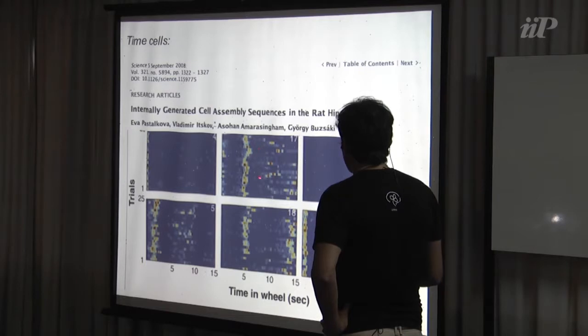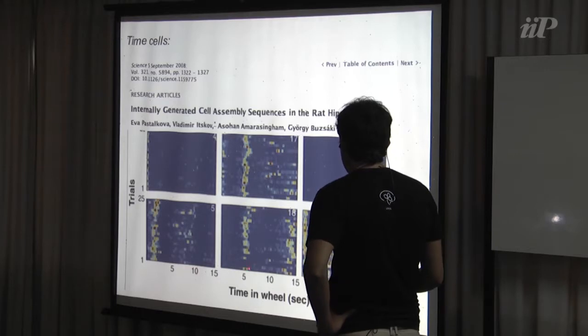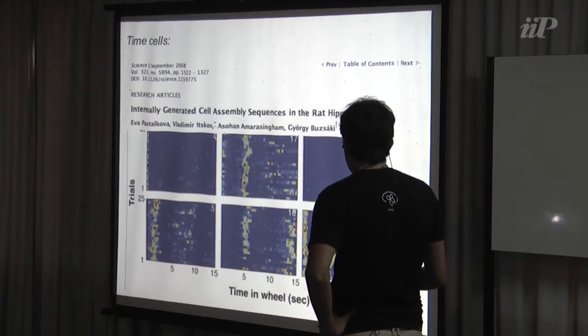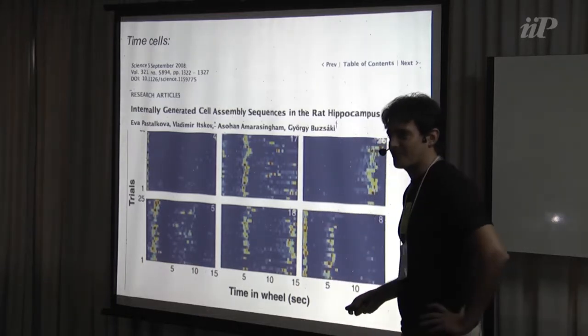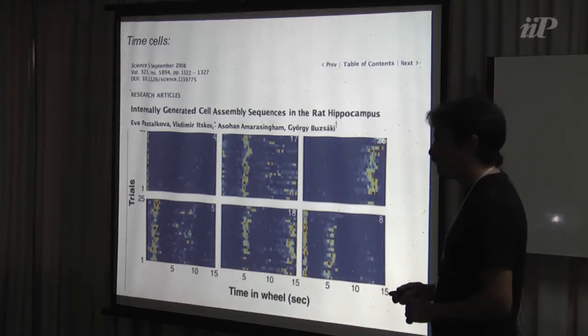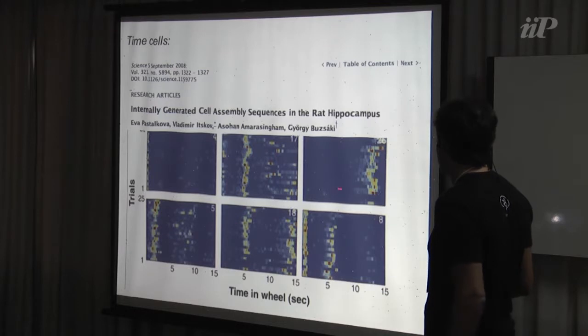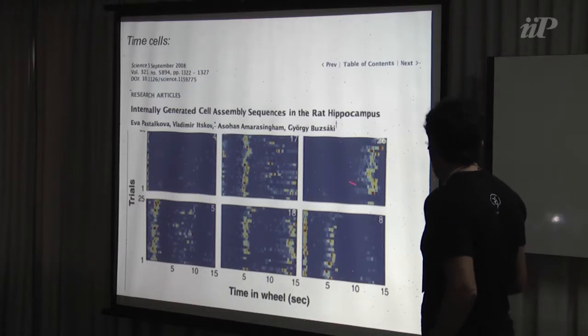This other neuron would spike whenever 4 seconds had passed. This is quite remarkable, right? In a whole different trial, the cell spikes at 5, or 13. I should say that it doesn't go more than 20 seconds, so that's why some people don't buy the idea that these cells really represent time. But anyway, these are the time cells.